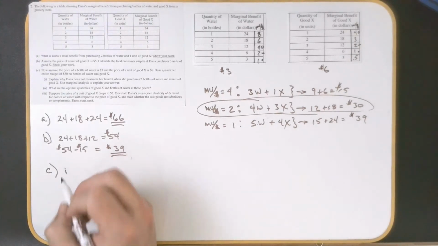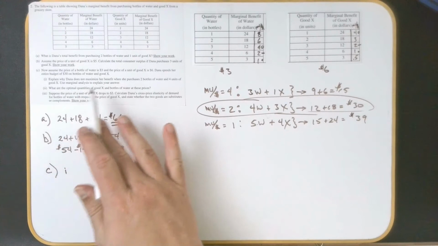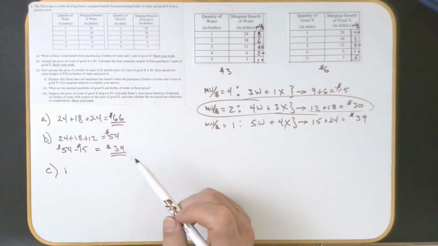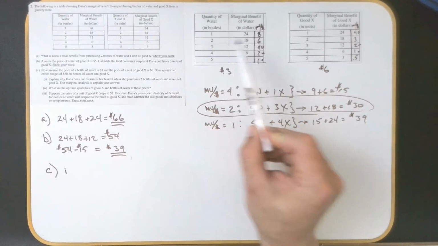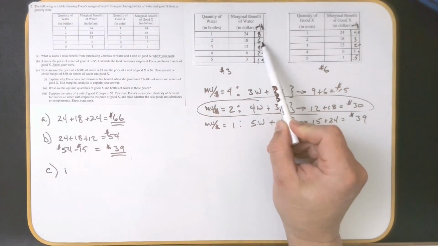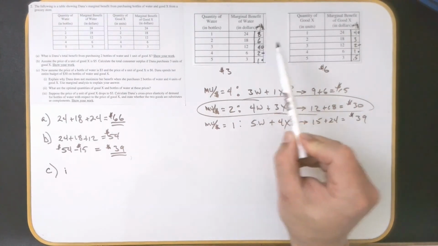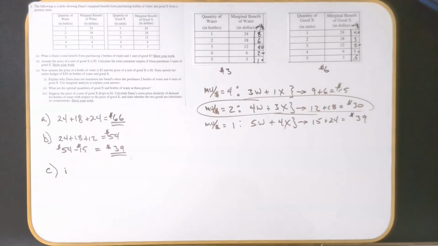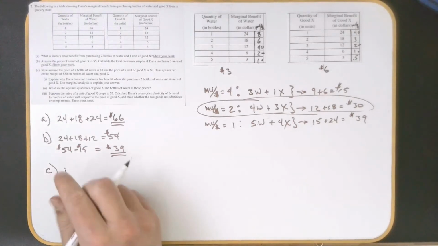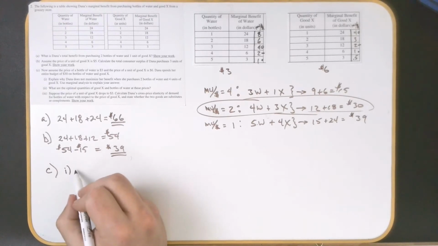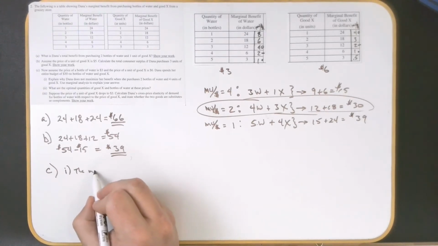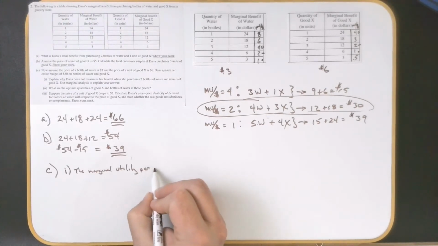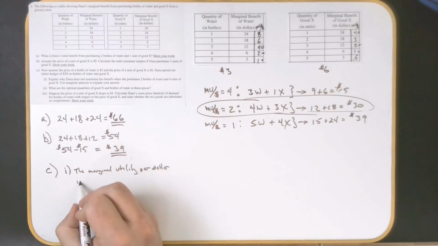All right, so now let's read this. It says, explain why Dana does not maximize her benefit when she purchases 2 bottles of water and 4 units of good X. Well, when she purchases 2 water bottles, her marginal utility per dollar is 6. And when she purchases 4 units of good X, her marginal utility per dollar is 1. Her marginal utilities per dollar do not equal. That's what they're looking for. When they say use marginal analysis, all you have to say is the marginal utility per dollar is not equal.